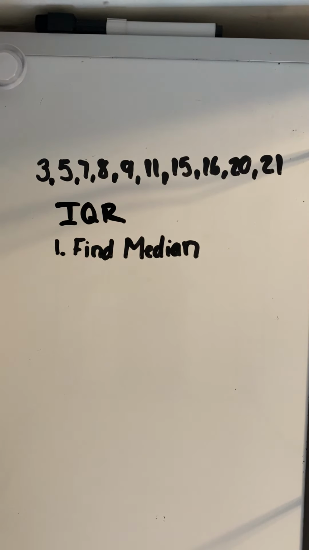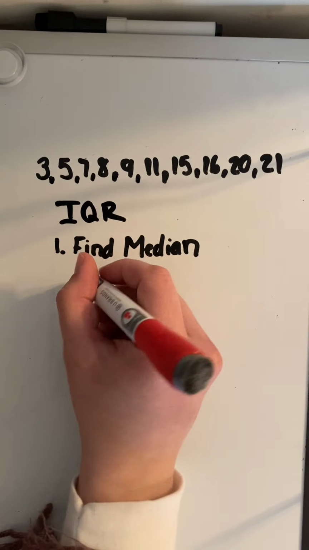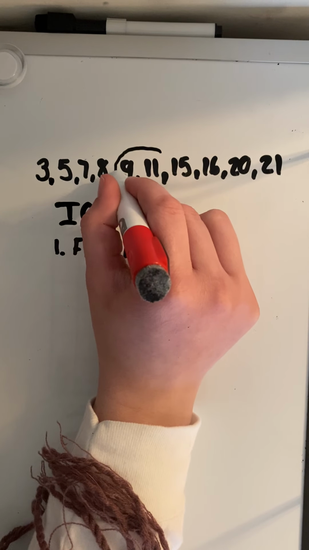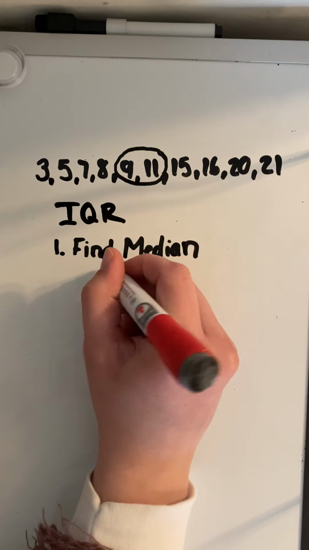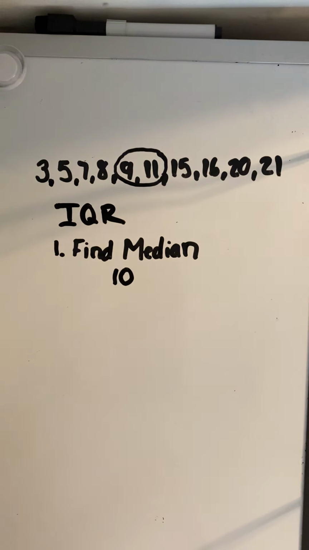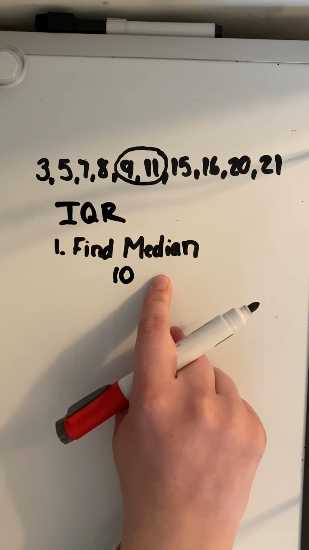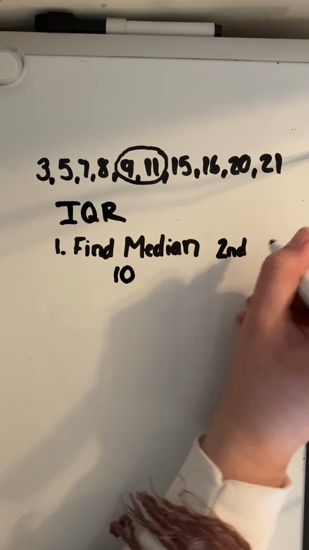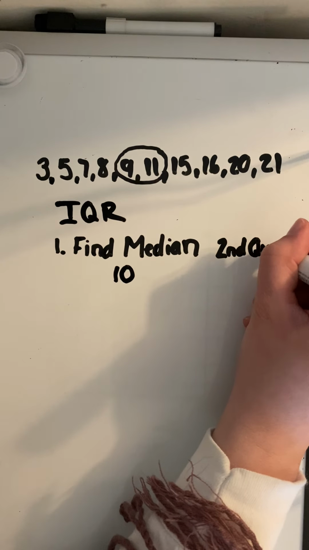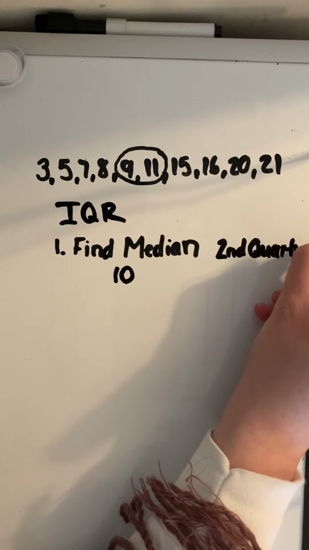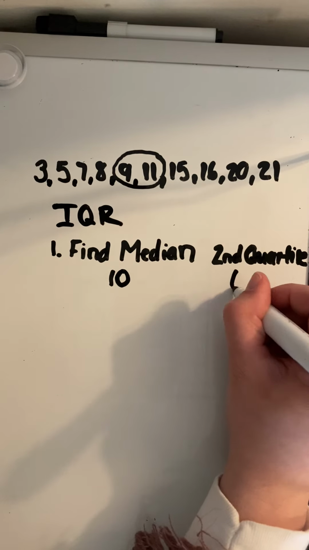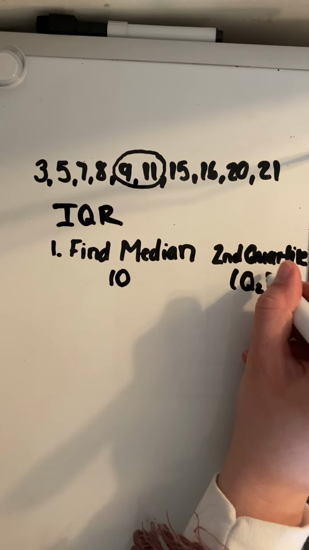So in the previous video, we've already found that our median was in between the 9 and 11, and we found it to be 10. Okay, another word for median is second quartile. So you might hear it called median, you might hear it called second quartile, which they represent as Q2.